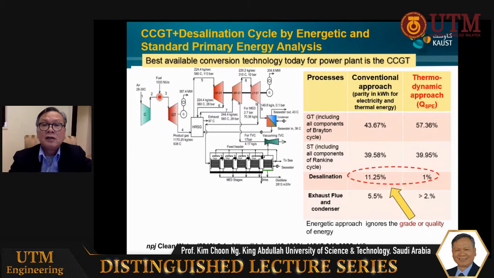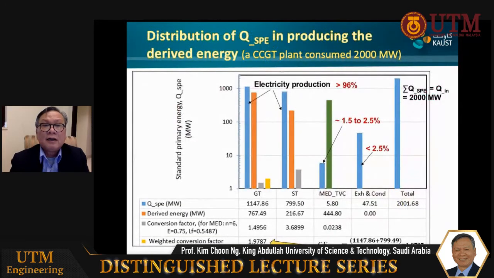So with this, we analyze a typical CCGT consuming about 2,000 megawatt of calorific fuel energy of natural gas, and run through sets of gas turbine, steam turbine, MED, and eventually exhaust plus the condenser. You can see in the blue bar in this chart, by the way, the y-axis is in the log scale.